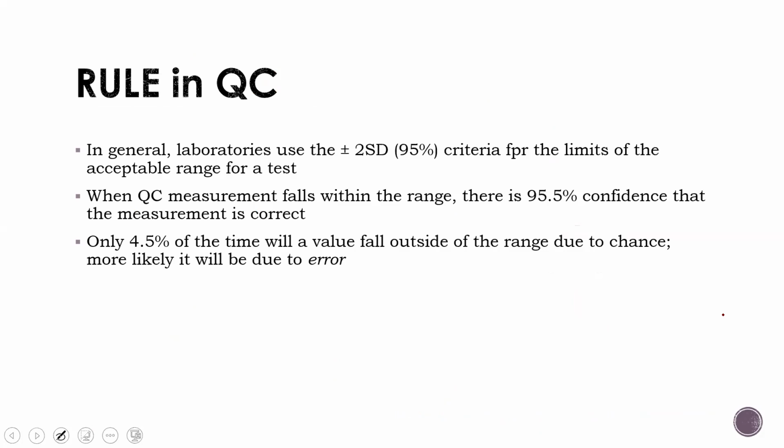Rule in quality control. In general, laboratories use ±2 SD criteria for the limits of acceptable range for a test. When QC measurement falls within range, there is 95.5% confidence that measurement is correct. Only 4.5% of the time will a value fall outside of range due to chance, or more likely it will be due to error.